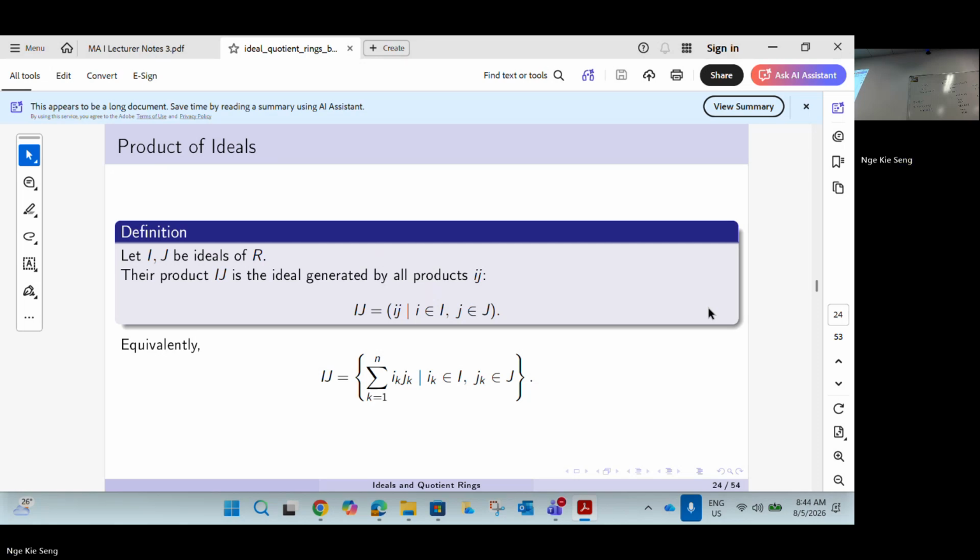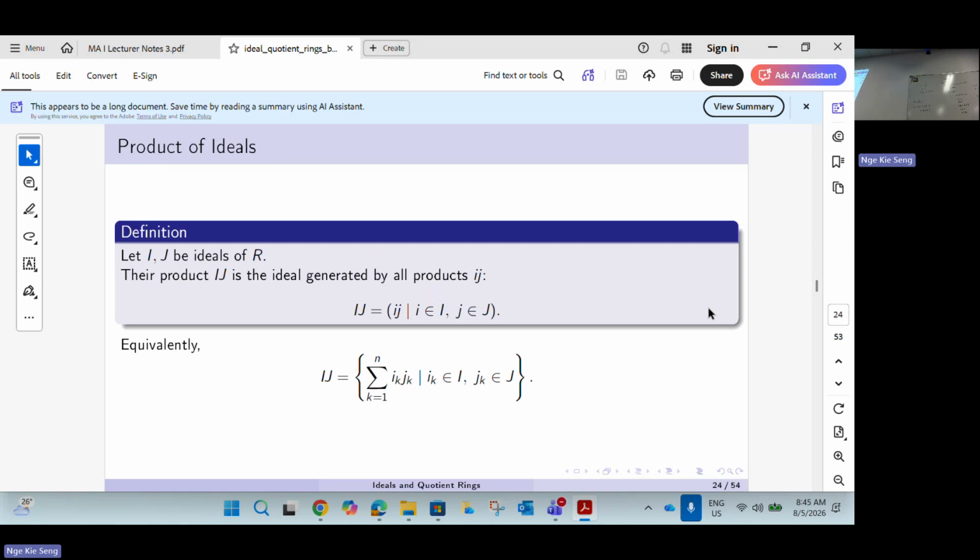This notation is an abuse, but that's normal. I just want to point out that if you just have IJ, you cannot follow it.